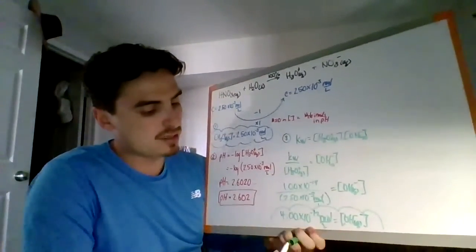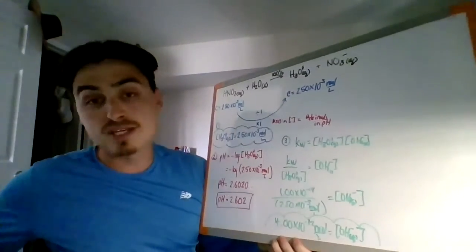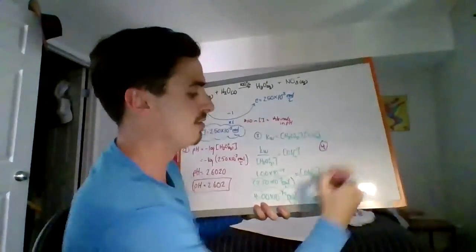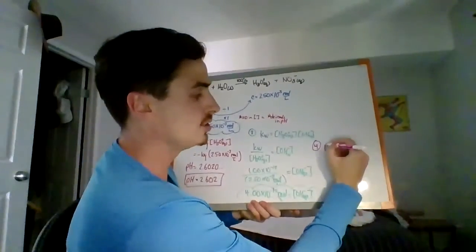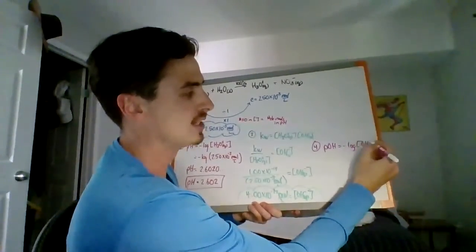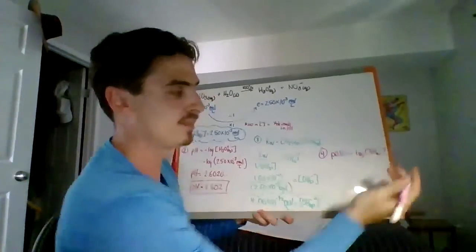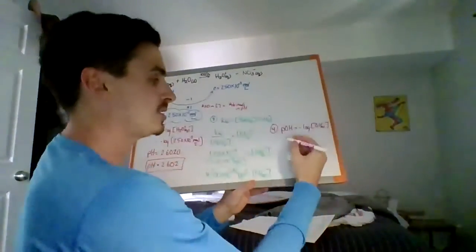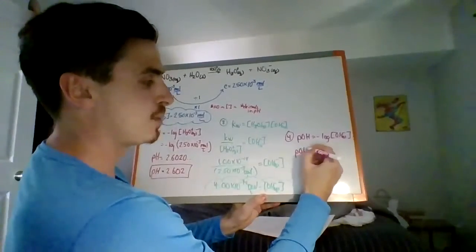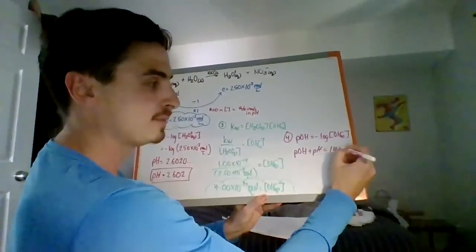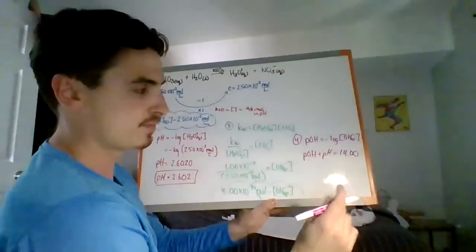Now, my last thing that I have to do is calculate pOH. Because I have the concentration of hydroxide, I could do pOH equals negative log concentration of hydroxide. I could do that easy peasy. But what I'm going to show you guys is something we learned last year. We learned that the pOH plus the pH is always going to be equal to 14. They are opposite scales, okay?